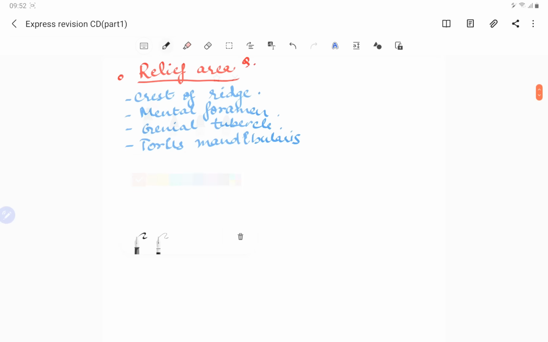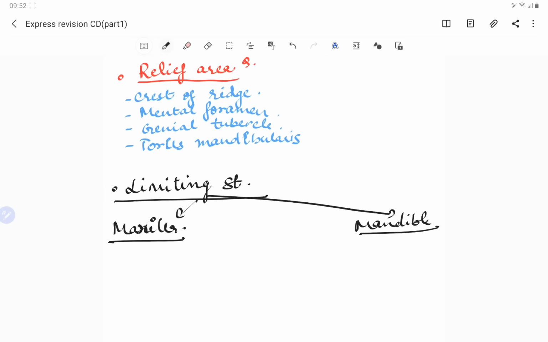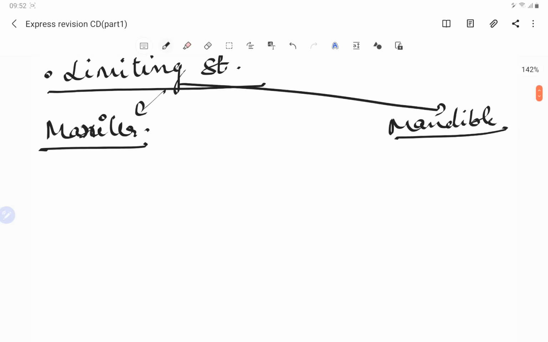Now talking about the limiting structures. Limiting structures for maxilla, for mandible and for both. First of all, the common structures I am going to write.